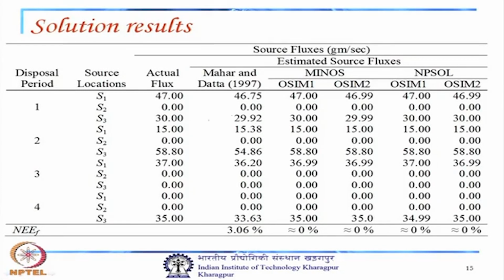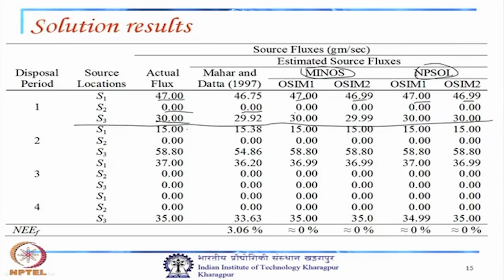For disposal period 1, it has been found that this is the actual flux and this is the estimated flux values. This is 47 from OSIM, this is giving better results compared to OSIM2 using NP sol, and this is the actual flux 0 for all the cases.